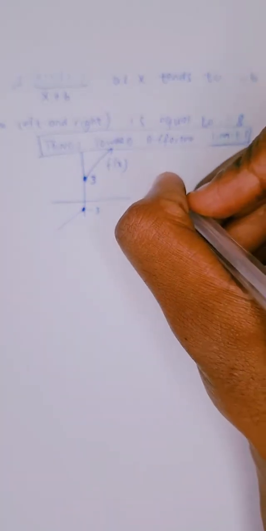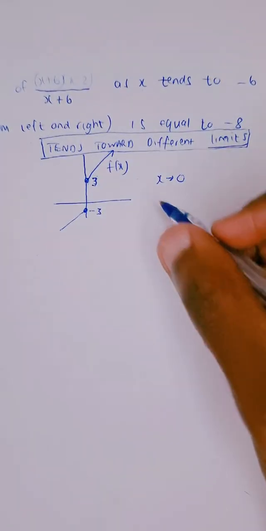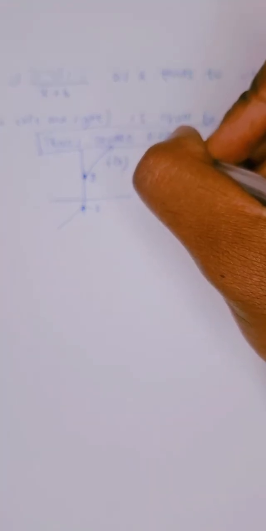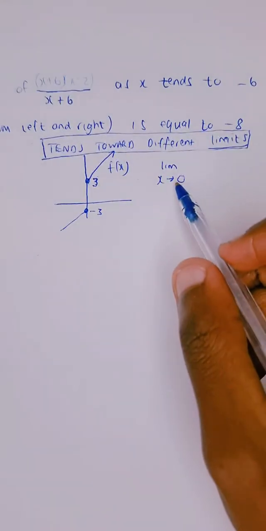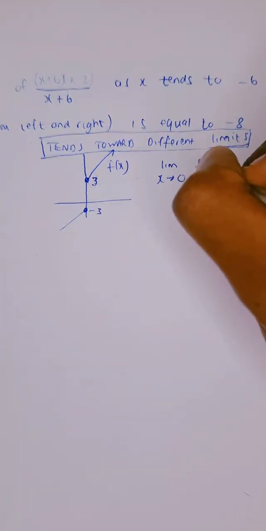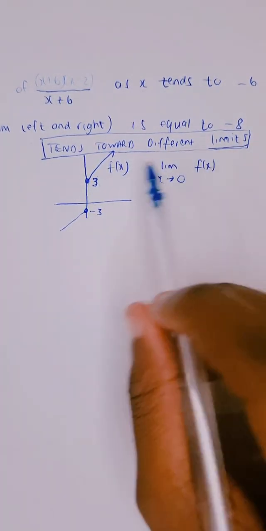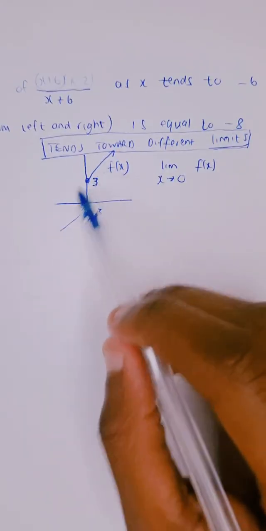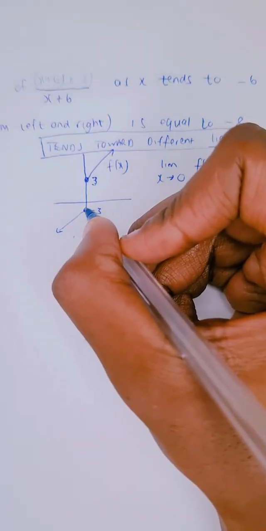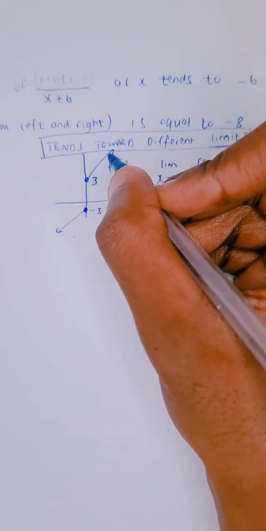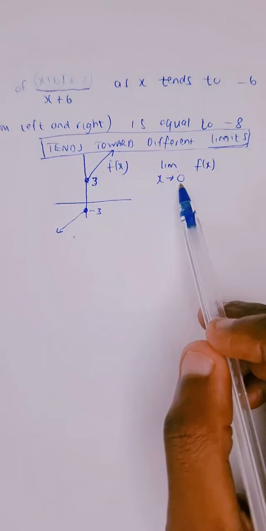So as x tends towards 0, this is the limit of a particular function. Let's just say it's f of x, generally speaking. The limit of f of x is represented by this sketch, the line here, which stops right there, and the line that picks up from there. So the limit of f of x as x approaches 0.